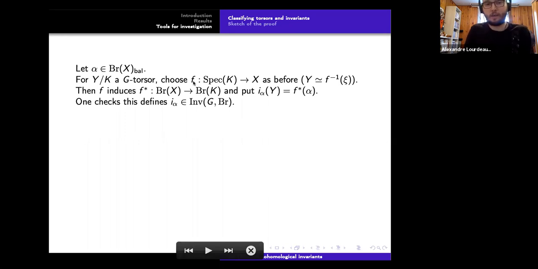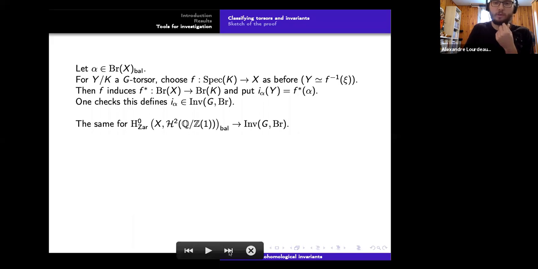Then, thanks to that F, we have an induced map on the Brauer group from Brauer X to Brauer K. And we just evaluate the element alpha through that map. We put I alpha of Y equals F pullback of alpha. And we need to check that the balanced condition enables us to define I alpha as a whole invariant of G into the Brauer group.